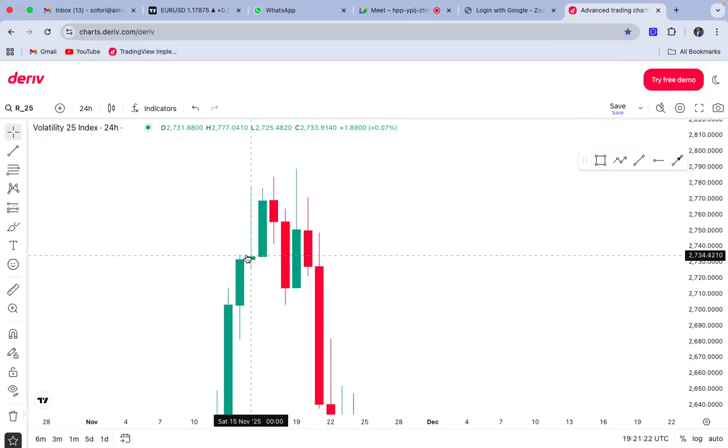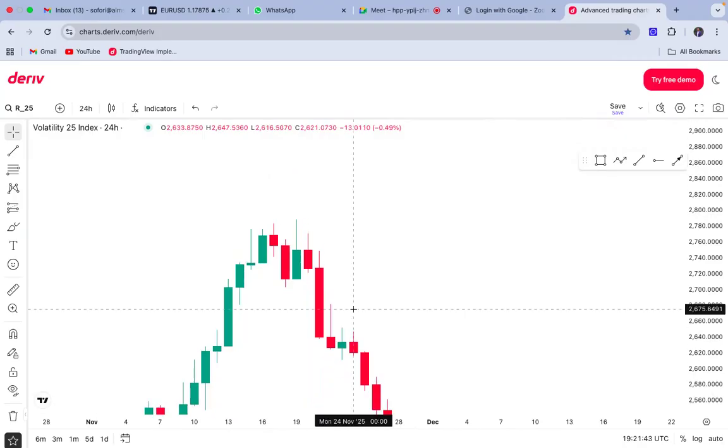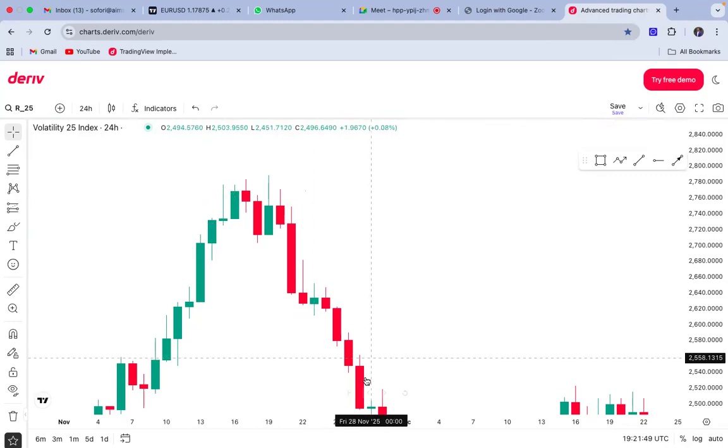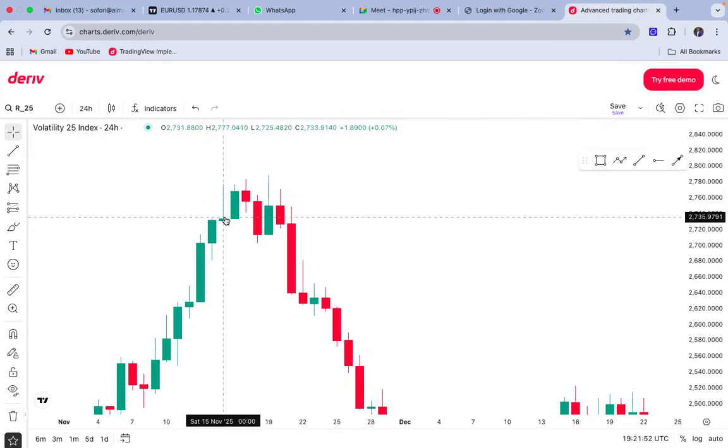When you see something like this in the market, it's not just about knowing what the sellers and buyers were doing. It gives you an idea of what is likely to happen. When you see the sellers forcing the buyers to leave the market, it means the sellers are preparing to take over. That explains why in the next few days the market changed from a buy trend toward a sell trend, because the sellers showed signs that they were coming into the market.